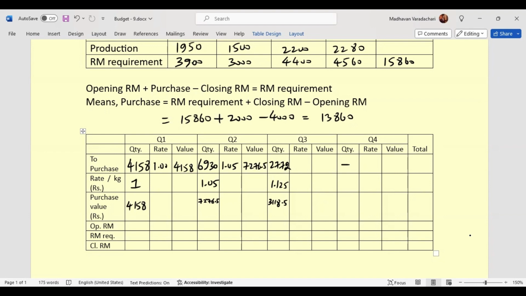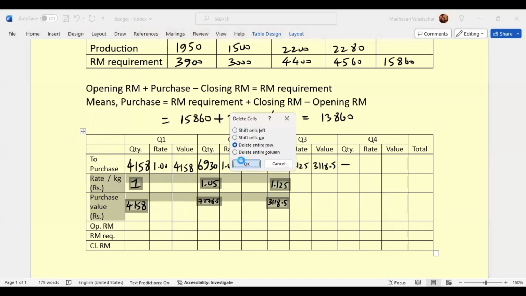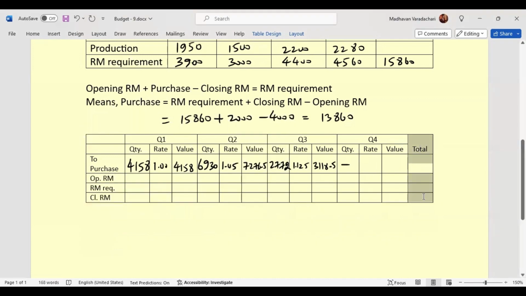Here 2772.0, 1.125, 3118.5. So that means we need not have these two rows because I wrote it already there. We can delete those two rows. We can even delete this last column.